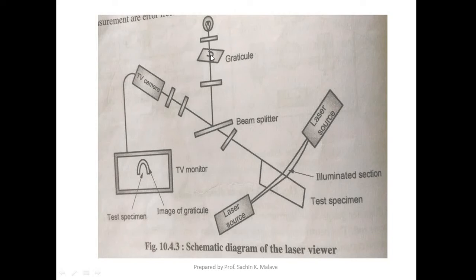That shape or profile of the master turbine blade, which is standard, is on the graticule. That is compared with the actual test specimen by superimposing the images of both, so that if there is any kind of error in the profile, it can be immediately noticed.